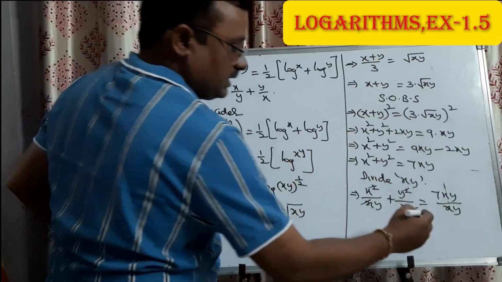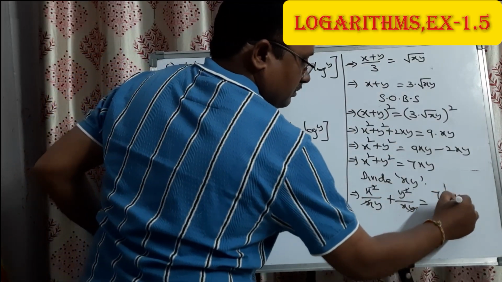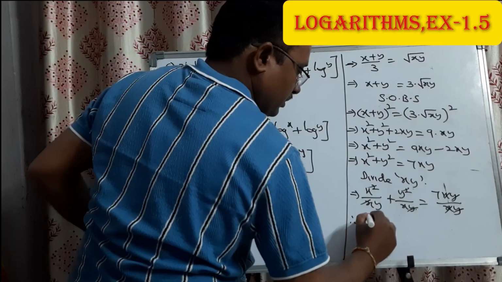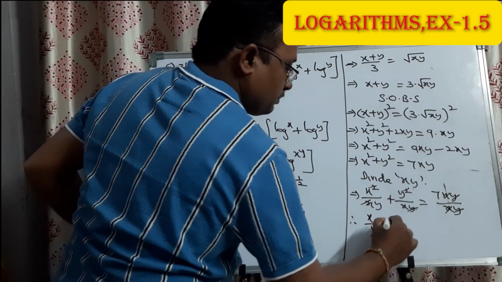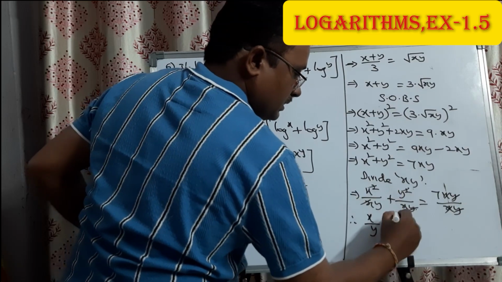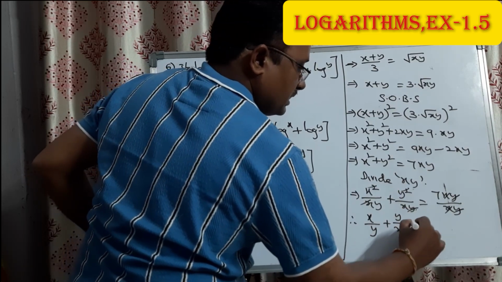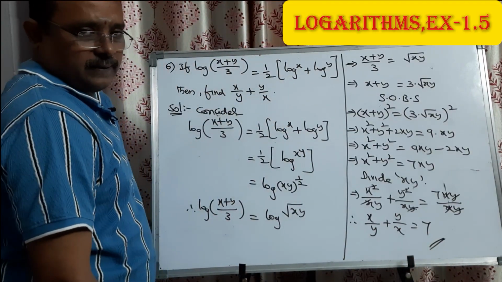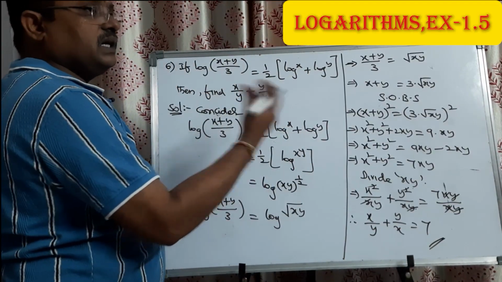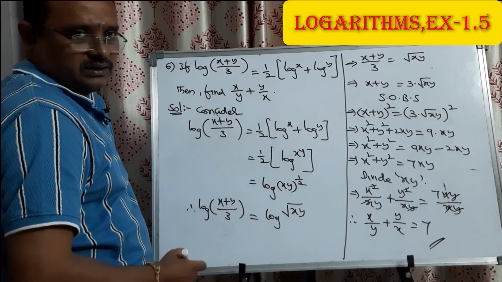Therefore we get x by y plus y by x is equal to 7. This is the answer. With numerical changes, they will ask this in the public examination.